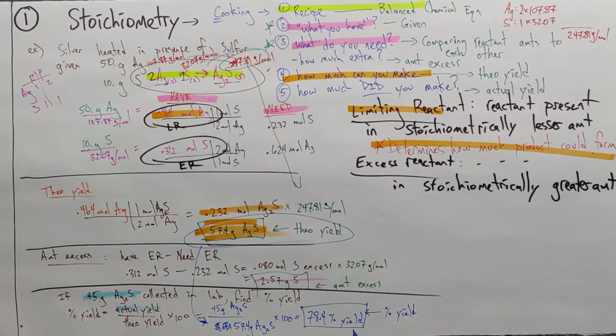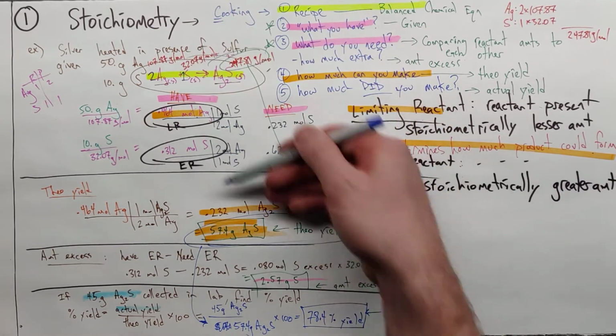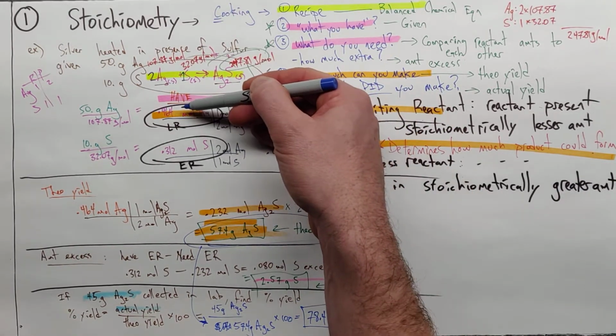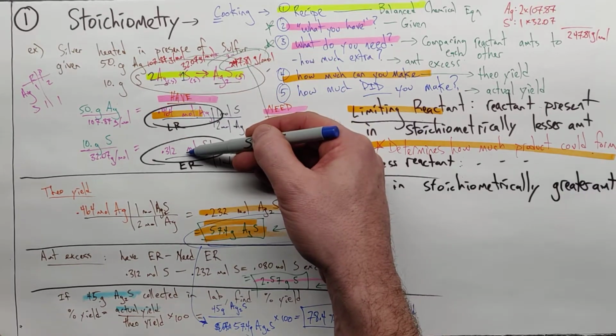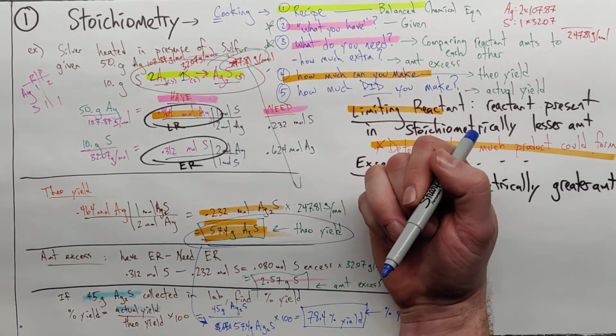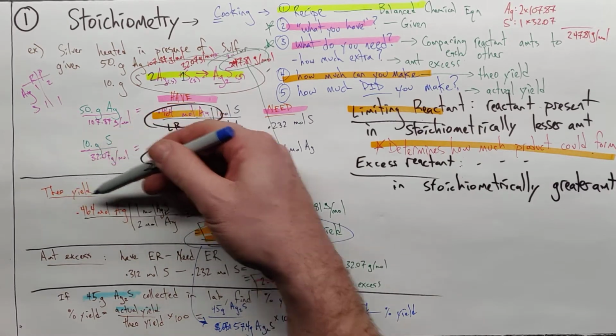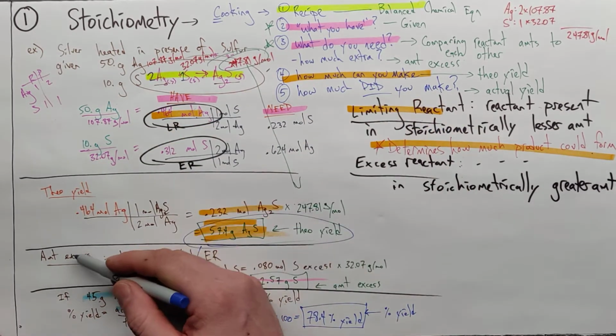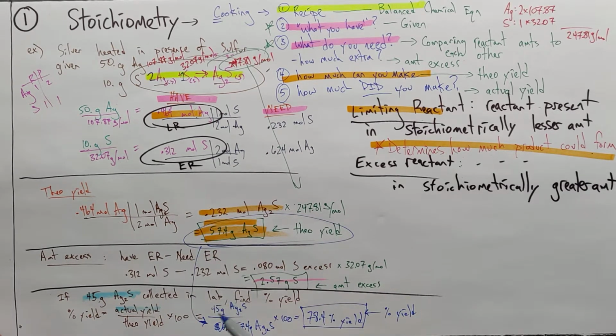And in future examples, we're going to use that to do a whole bunch of stuff, all right? So this seems like a lot of work, but that's because I talked a lot. The key ideas are going to be identify your limiting and excess by comparing your amount of reactants to each other, get a theoretical yield using the limiting reactant, compare it to your product or products, get an amount excess, and if you need to, get a percent yield.